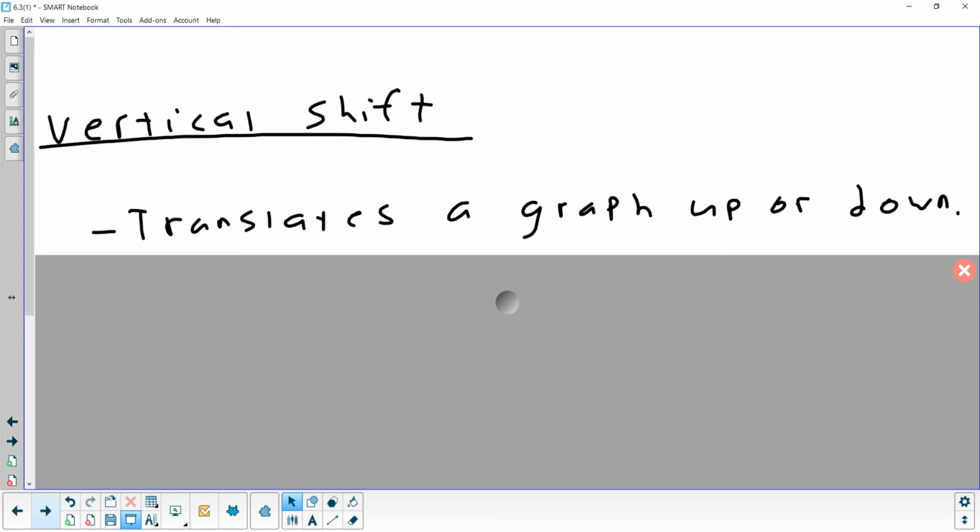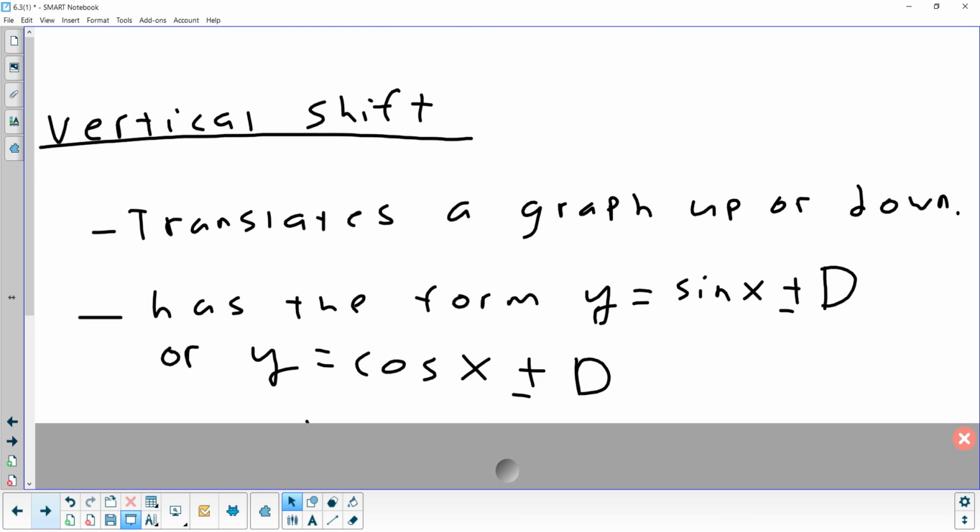Adding or subtracting. So we're still looking for adding or subtracting, but this time, it's outside the argument. If you did that, it still means the same thing. I can just do that to clarify that it's outside the argument. And I use the letter D for an important reason.